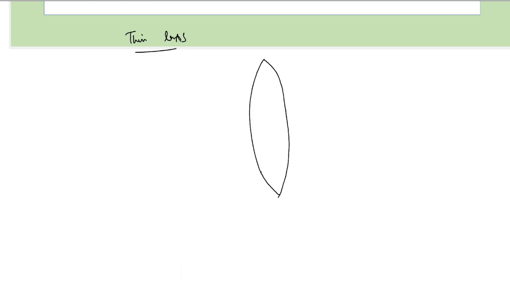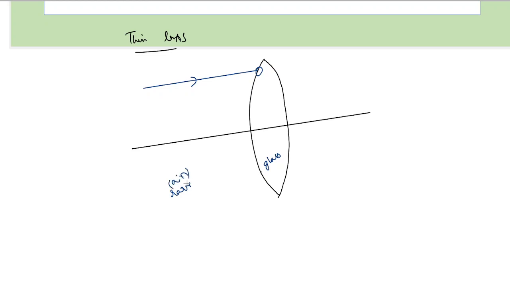Suppose imagine a light ray is coming from far away. We saw in the previous lecture that this light ray would refract at the surface because this is a lens. Think of it to be made up of glass, and this is air, which is a rarer medium. Since in this case light is moving from a rarer to a denser medium, the light ray would bend towards the normal. So this light ray would bend like this.